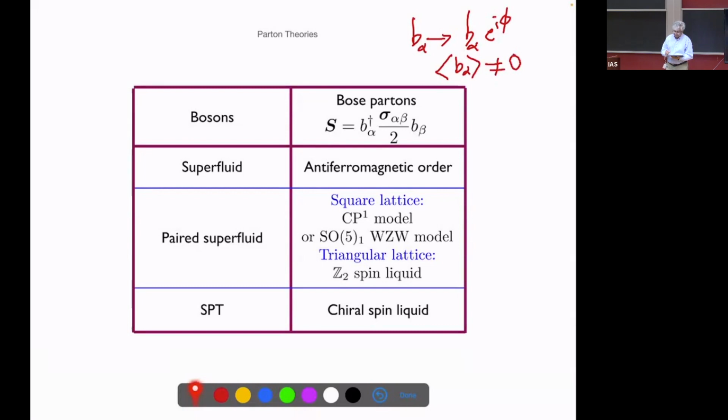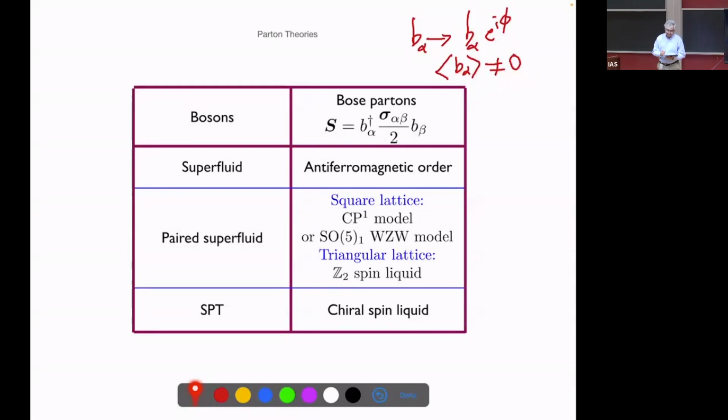If I take any gauge transformation at all, it changes the condensate. And when that's the case, as we've seen in some of our computations, the massless gauge boson that you may have had because of the gauge symmetry becomes heavy, acquires a mass, and is not so important. So we say that the gauge symmetry is completely Higgsed in this case, and so we don't have to worry about it.